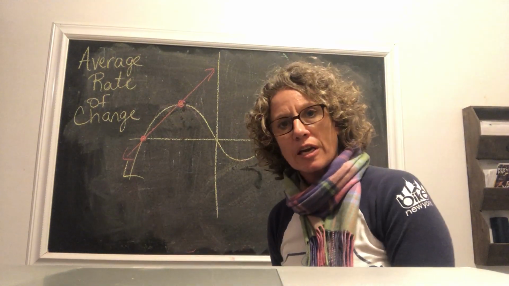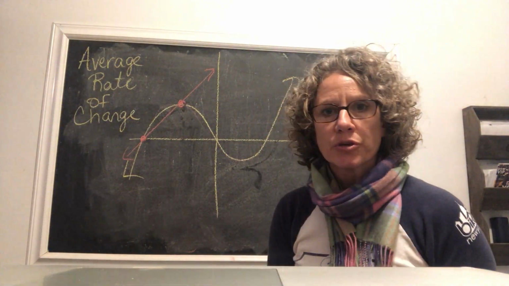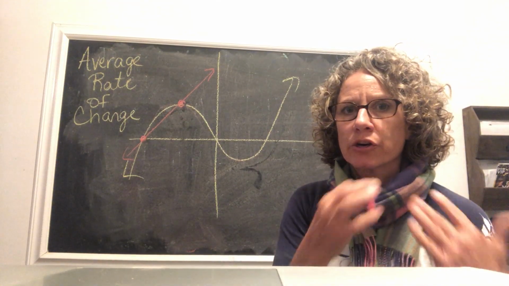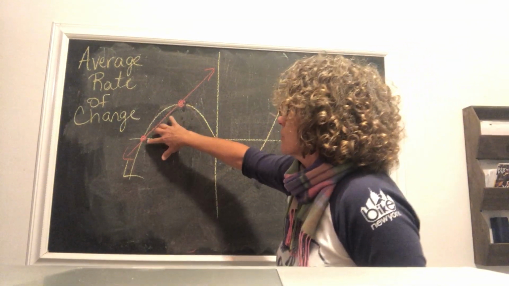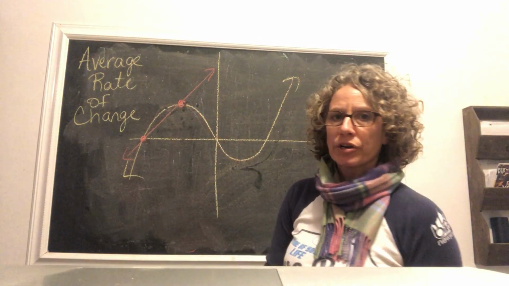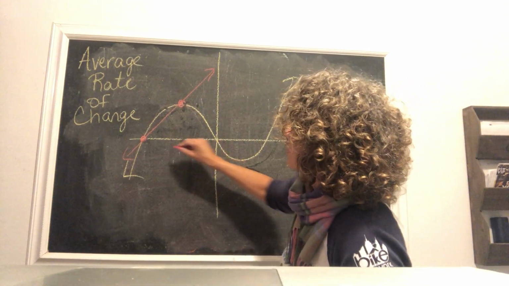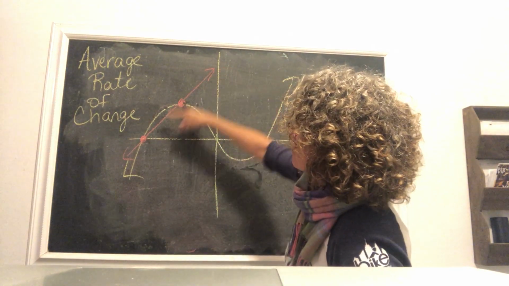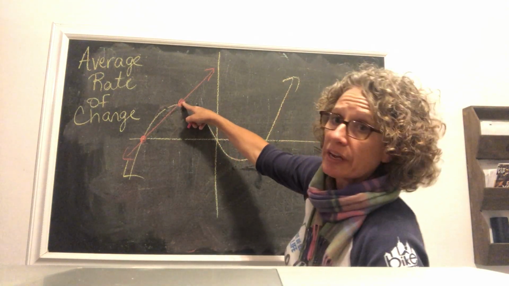So an average rate of change is similar to finding the slope, but because we're on a curve and not a line, the slopes will change according to where I am on the curve. The average rate of change here would be positive since my curve is increasing.